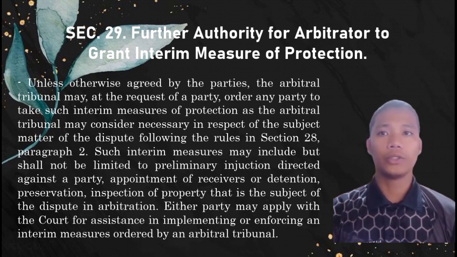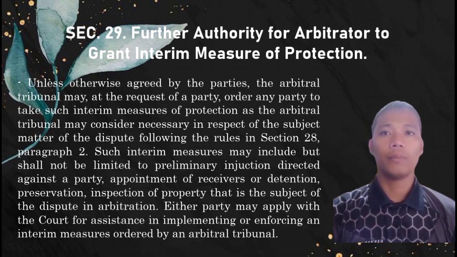Such interim measures may include but shall not be limited to preliminary injunction directed against a party, appointment of receivers, detention, preservation, inspection of property that is the subject of the dispute in arbitration. Either party may apply with the court for assistance in implementing or enforcing an interim measure ordered by an arbitral tribunal.